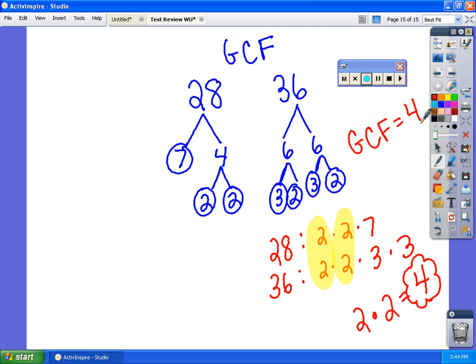Now you might have known that right off the bat because you could have said, well, wait a minute. 28 is 7 times 4, so 4 is a factor of both of them. And 36 is 9 times 4. So you could do this in your head this way, or you can do the prime factorization and find out where they overlap. Let me show you that one more time.